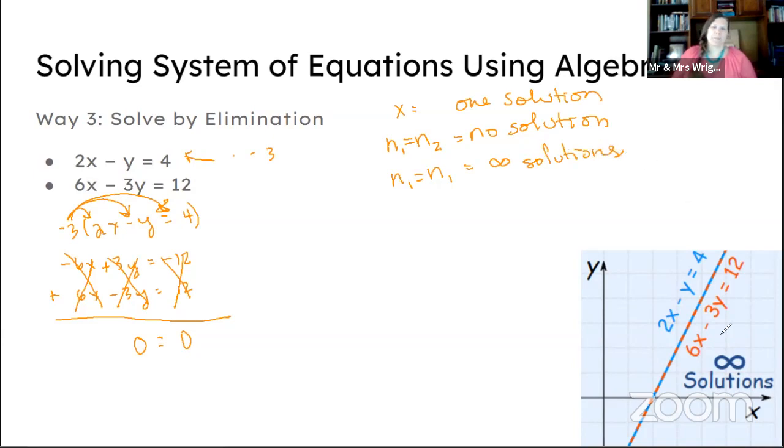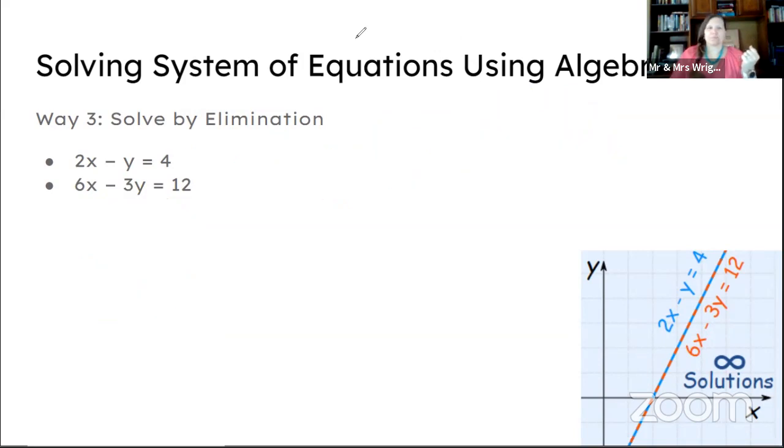Okay? So those are your 3 ways of knowing. Remember, we had 0 equals negative 9, and here we have 0 equals 0, and I think we had x equals 10 or something. So those are your 3 types of answers that you get: one solution, no solution, and infinite solutions.